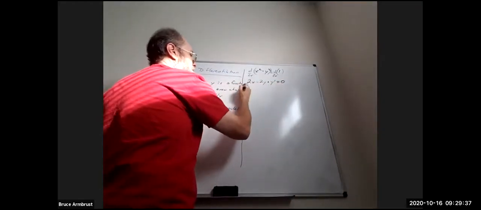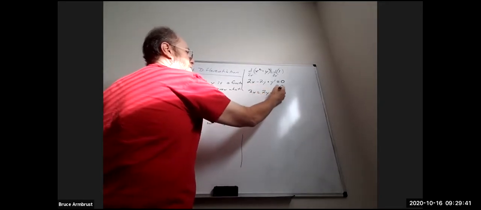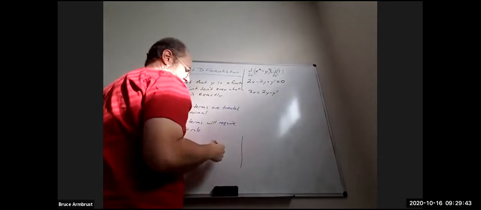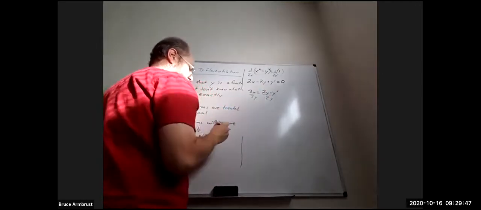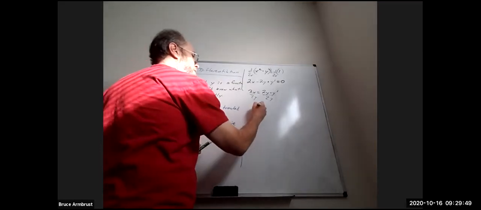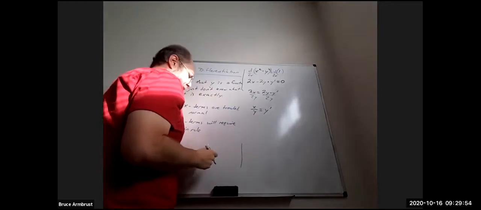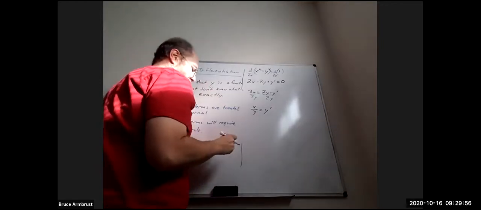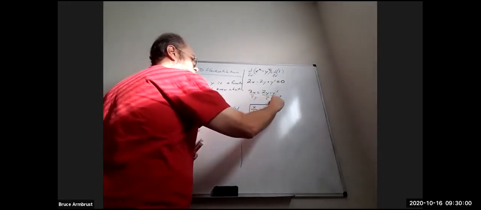So I get 2x is equal to 2y times y prime. To solve for y prime, I just need to divide both sides by 2y. So the 2's cancel. And what we now have, let me go ahead and box this, because as always, the box tells us we're done.